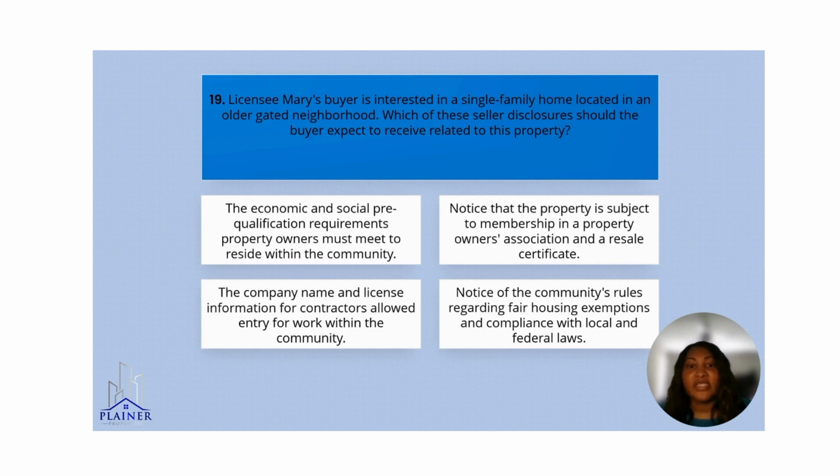Notice that the property is subject to membership in a property owners association and a resale certificate. The company name and licensee information for contractors allowed entry for work within the community. Or notice of the community's rules regarding fair housing exemptions and compliance with local and federal laws. Which one do you guys think here?